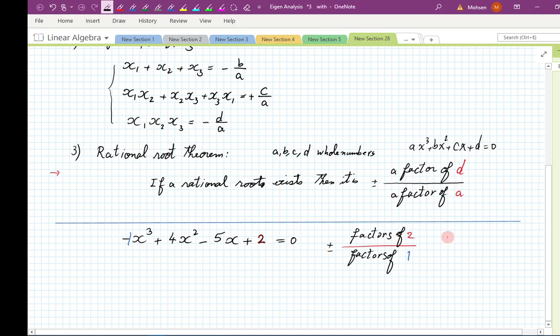Well, what are the factors of 2? Factors of 2 are just 1 and 2. What are the factors of 1? Factors of 1 are just 1. So either you have 1 over 1, or it's negative, or 2 over 1, or it's negative.